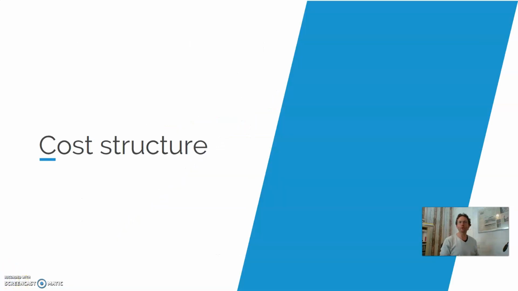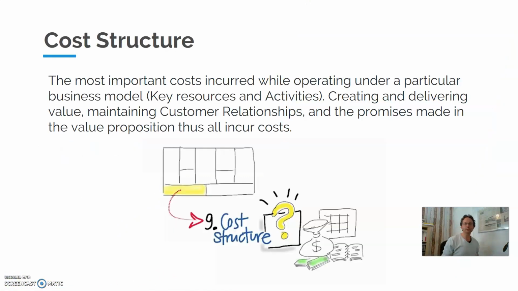Now, let's have a closer look at the cost structure of a business model. The cost structure of a business model is the most important costs incurred while operating under a particular business model. Remember, I asked you to look at key activities and key resources in order to find those costs that the business model is incurring. Now we are using them to transfer them to the yellow part of the business model canvas.